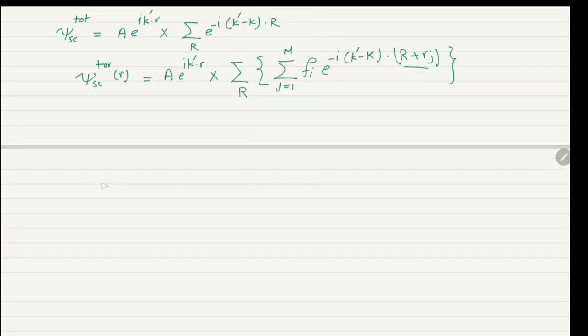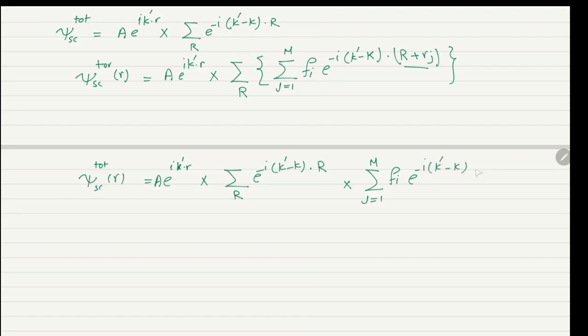And to simplify, this one here is equal to the sum over r of e to the i k prime dot r, times the sum over r of e to the minus i k dot r, times the sum over all atoms of f_j e to the minus i (k prime minus k) dot r_j.